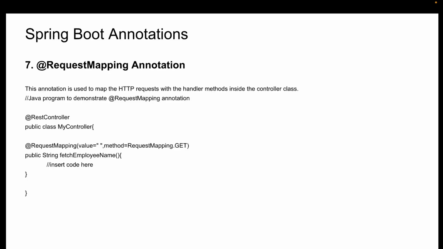But here we want to fetch some kind of information, and that can be done with a REST API, that is the GET API. So we can use @RequestMapping, and then method equal to RequestMethod.GET. This .GET specifies that we want to fetch some kind of information from this method.